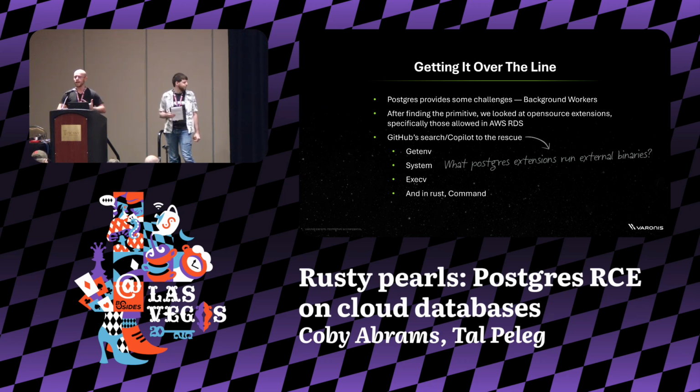We also looked at getenv, to see if maybe one of the extensions is loading environment variables in the middle of the process. And in Rust, we searched for the command function that creates new processes, and that's how we found out that Rust actually compiles its packages directly within the extension.